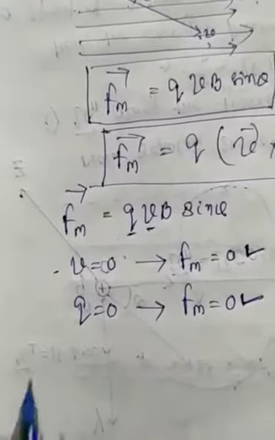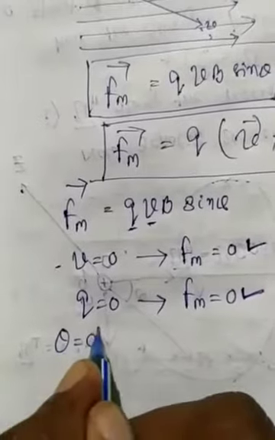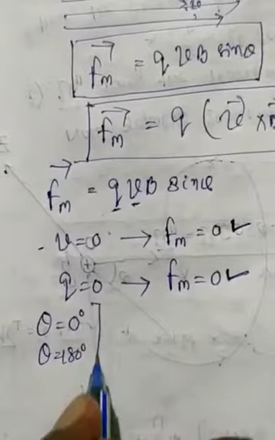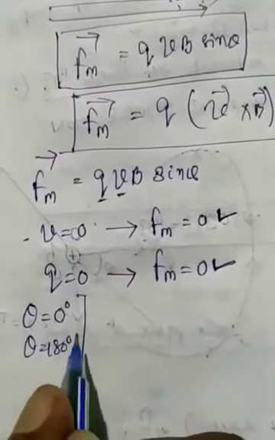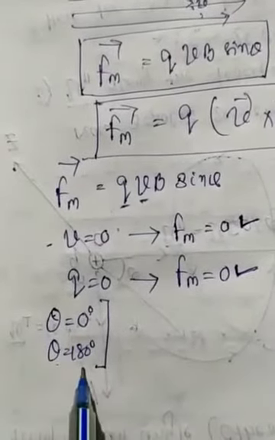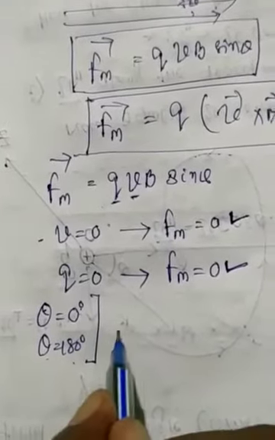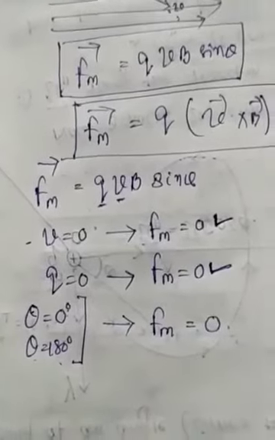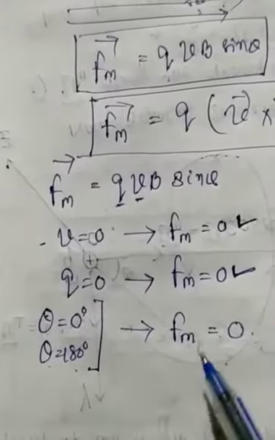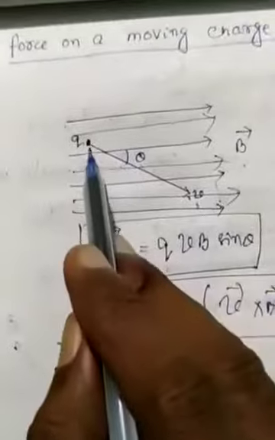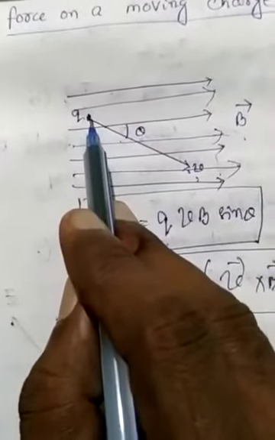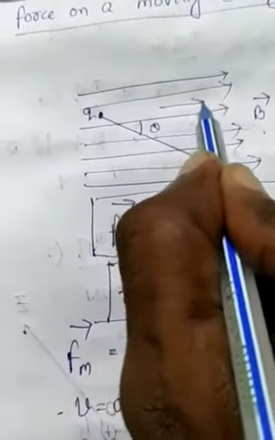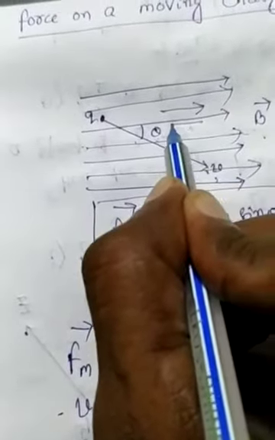Again, if theta is equal to 0 degree or theta is equal to 180 degree, in both cases sin 0 equal to 0 and sin 180 equal to 0. In both cases, the magnitude of magnetic force will be 0. So, no force will act upon the charged particle if it is moving along the direction of the field or opposite to the direction of the field.